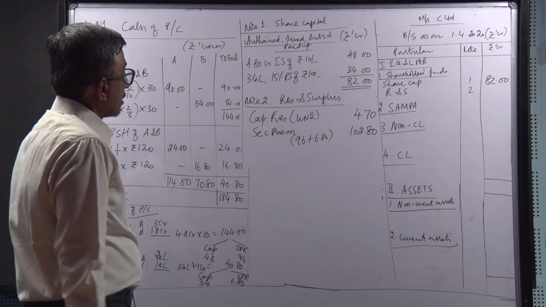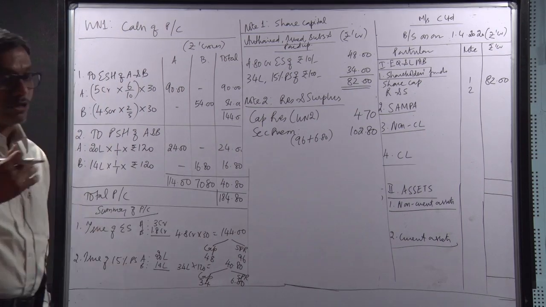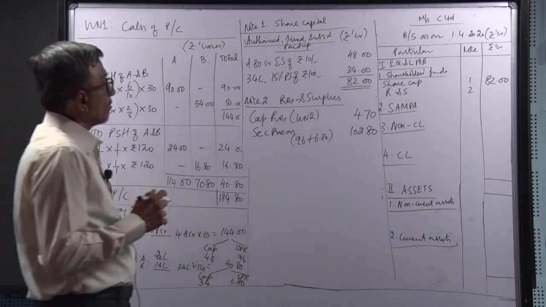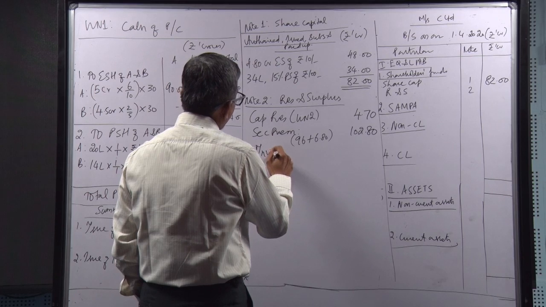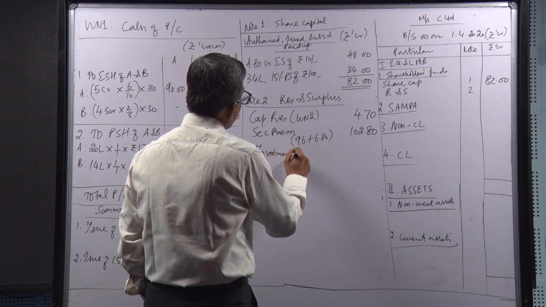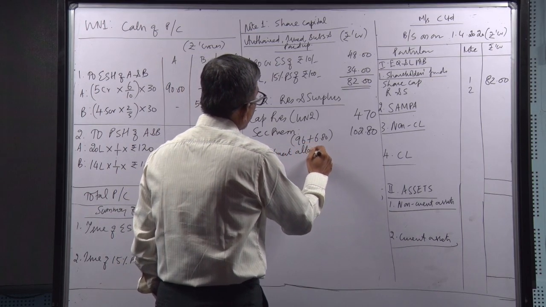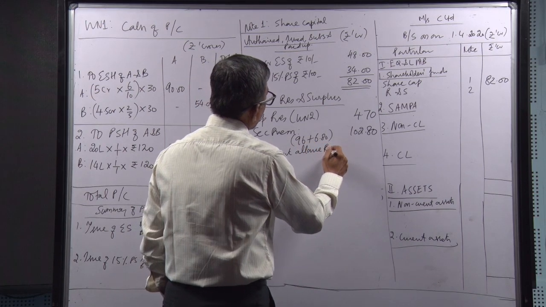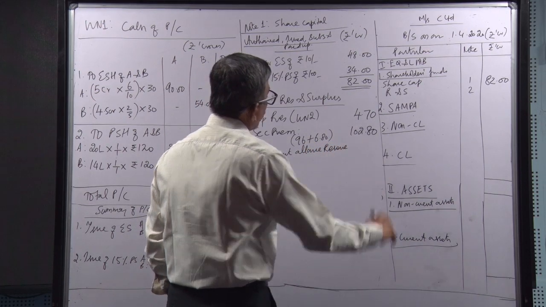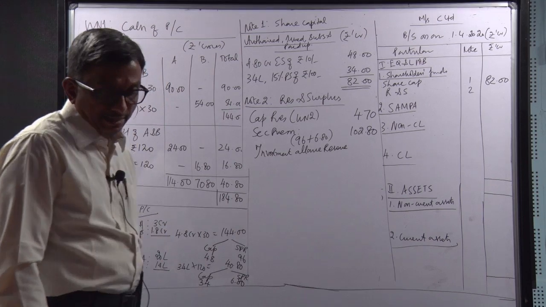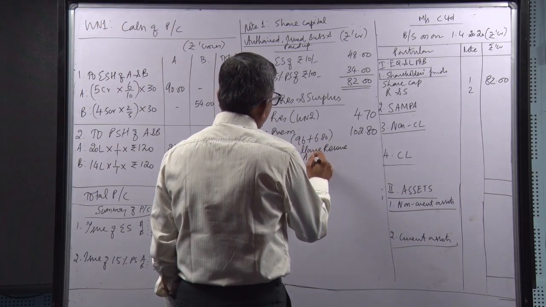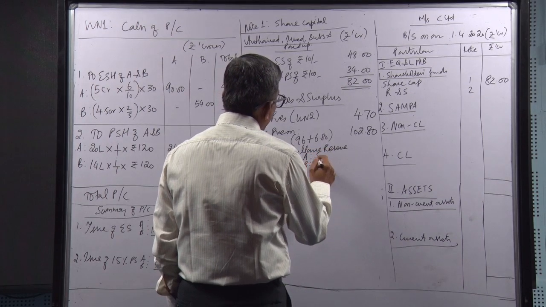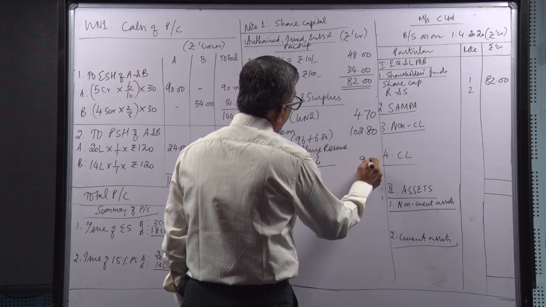Only statutory reserve should be brought into the books of the purchasing company. How much is that? 5 for A and 4 for B, total 9 crores.